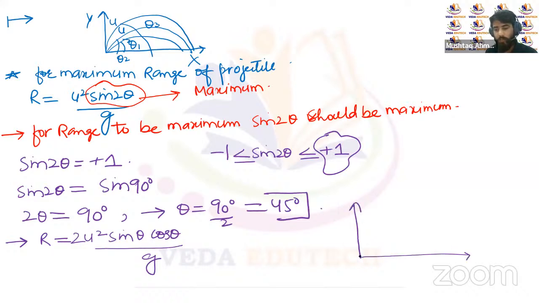Suppose that we're initially projecting a projectile at an angle of theta. So this is angle theta, and we can also project this projectile at an angle of 90 minus theta, right?